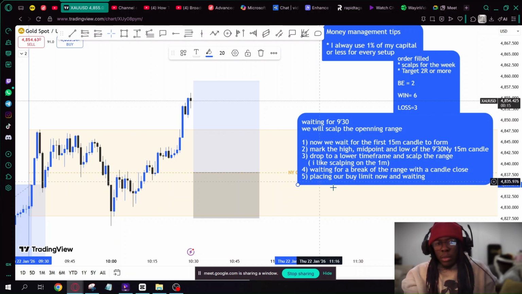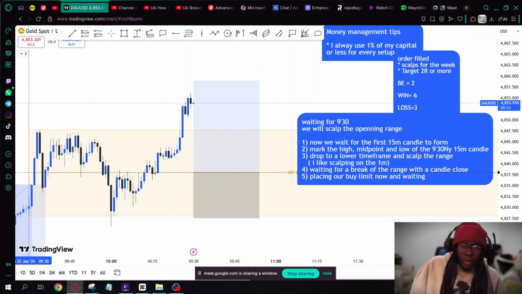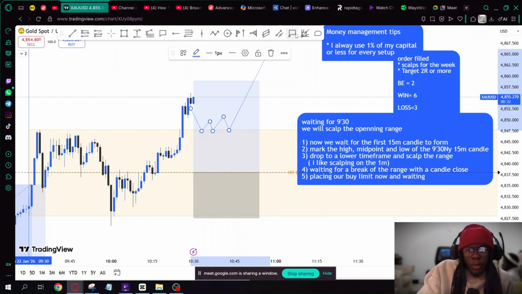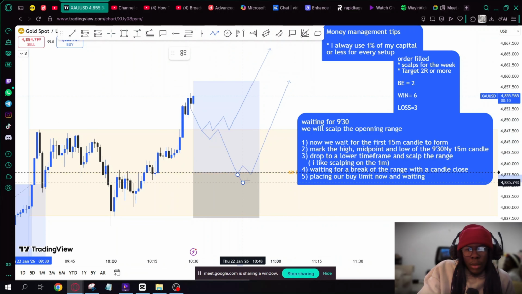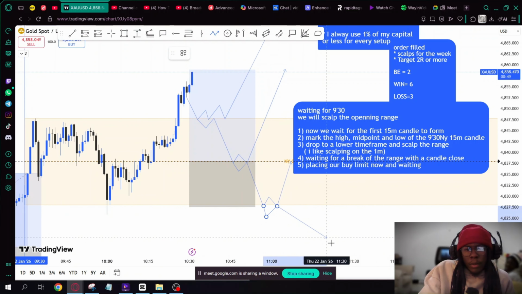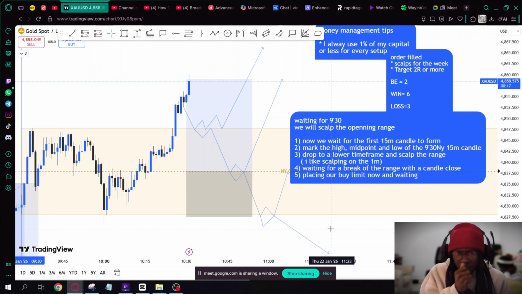So while waiting for our trade to be filled, we were just running through the market and looking to see what the market will do. There are various ways to trade the market opening range. You can use the top of the range, the midpoint of the range, and the bottom of the range as key levels to scalp.